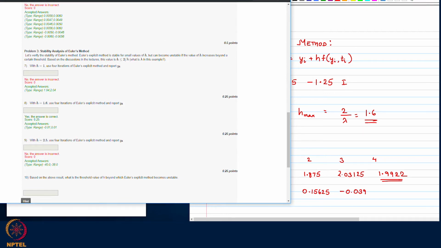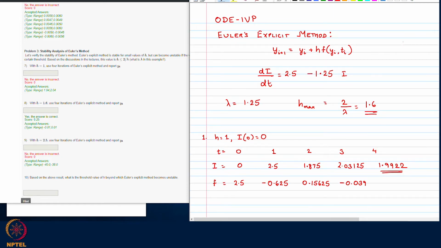Now, let us do this with step size equal to 1.6.